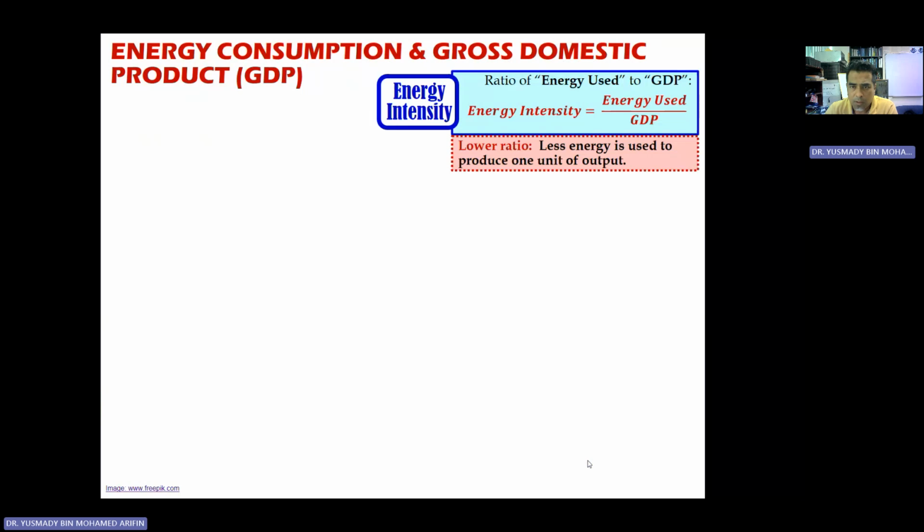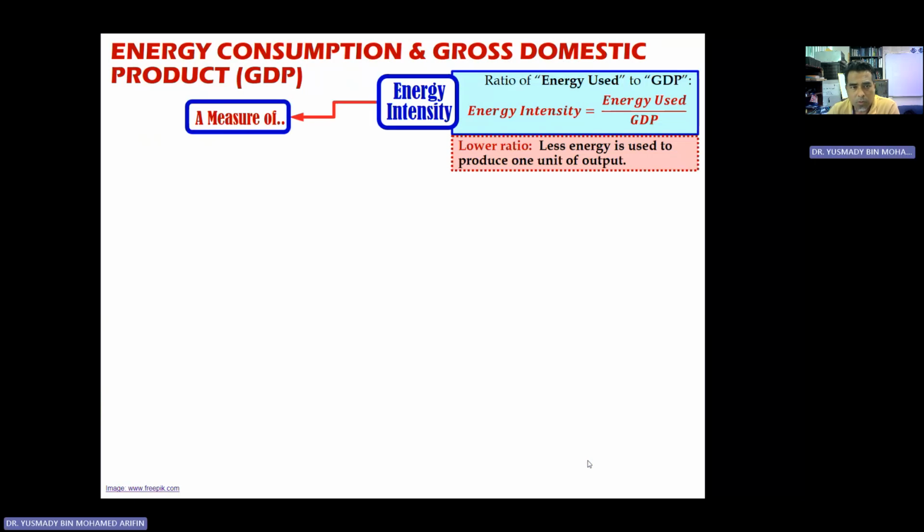A higher ratio means more energy is used to produce 1 unit of output. In comparison, a lower ratio is better because we use less energy to produce a higher amount of GDP.